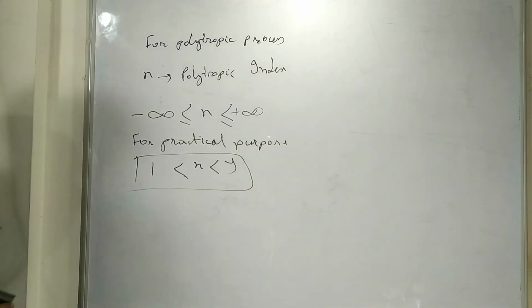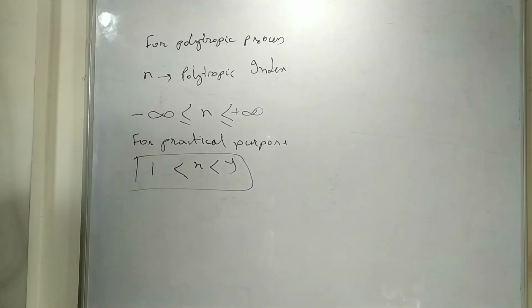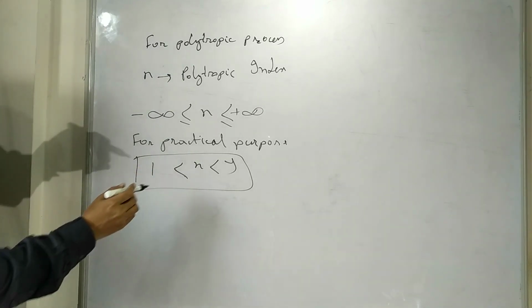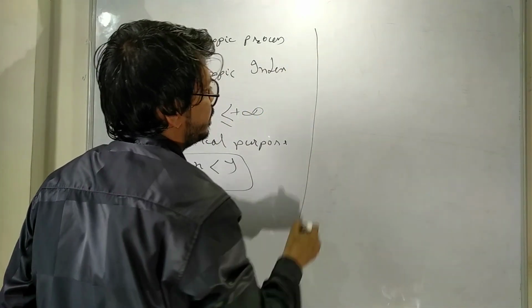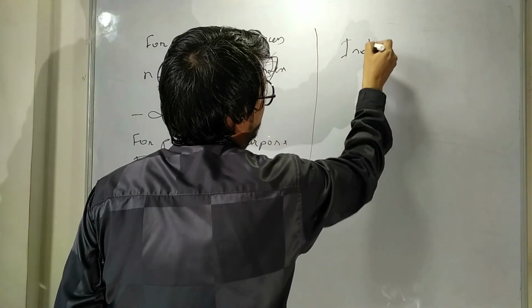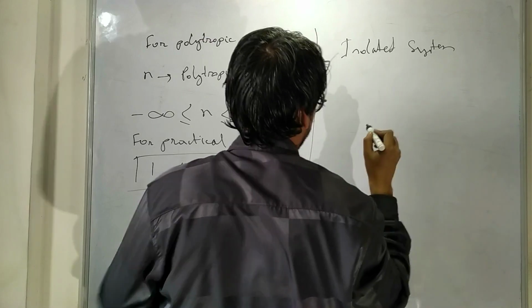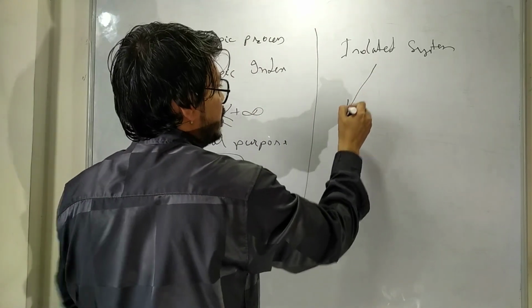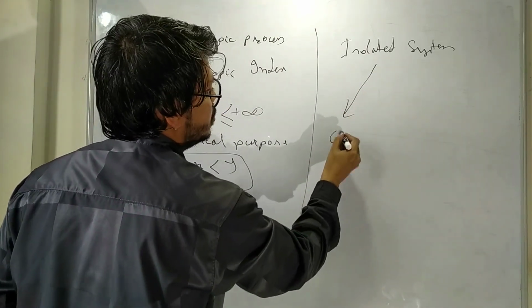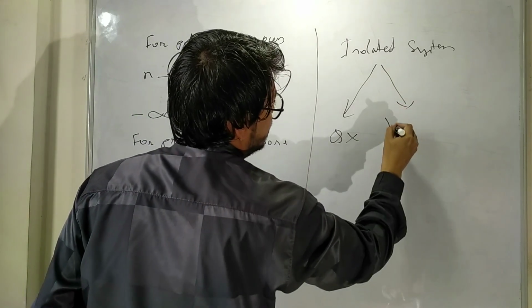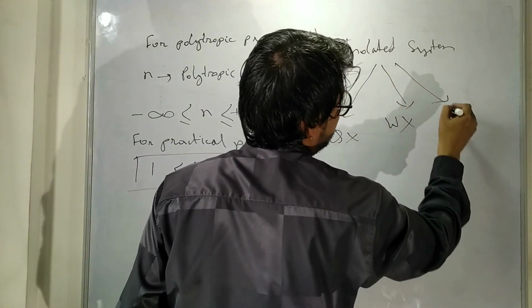Since the value of n lies between minus infinity and plus infinity, for practical purposes it is between 1 and gamma. Isolated system: there is no heat transfer, no work transfer, and no mass transfer.